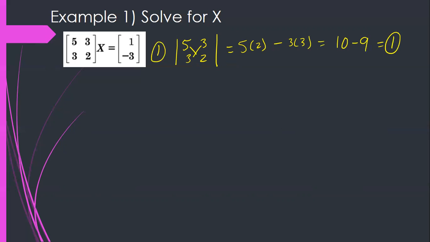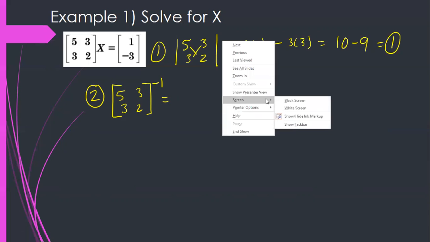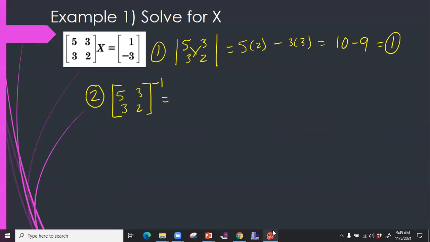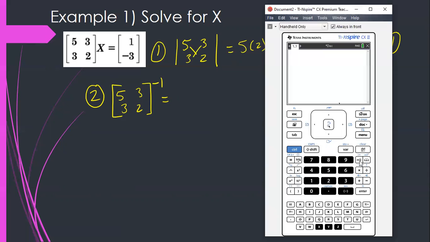The remaining steps are pretty much done in the calculator. So that's why it was important for you to have a calculator. So step 2 is to find the inverse of the 2 by 2 of your square matrix. So I have 5, 3, 3, 2, and I'm looking for its inverse. So that's what I type in the calculator to find the inverse. So I'm going to input this into the calculator. I have my calculator. I'm going to select 2 by 2.